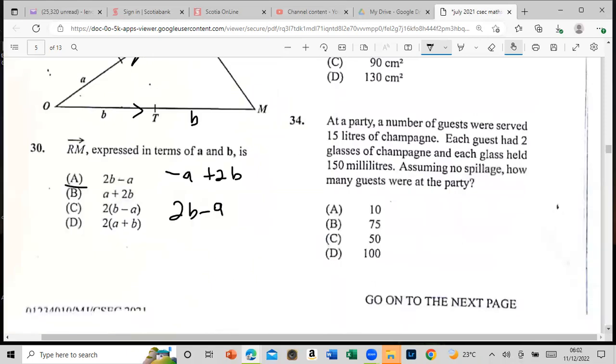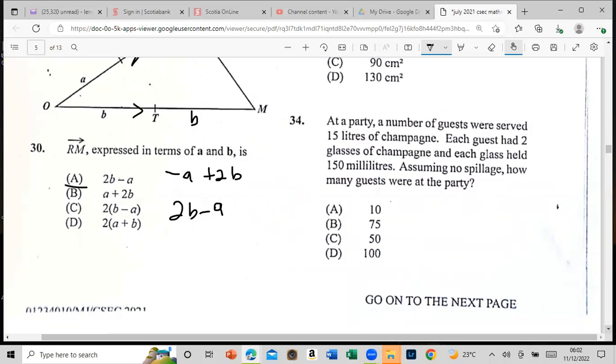At a party, a number of guests were served 50 liters of champagne. Each guest had 2 glasses of champagne, and each glass held 150 milliliters. Assuming no spillage, how many guests were at the party?